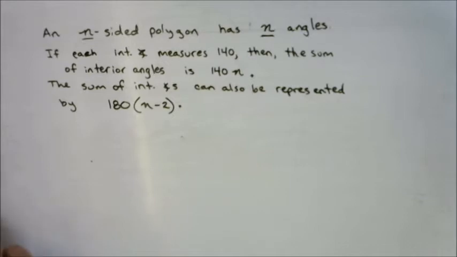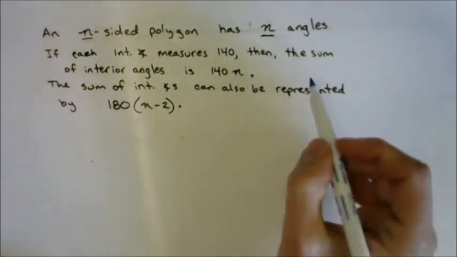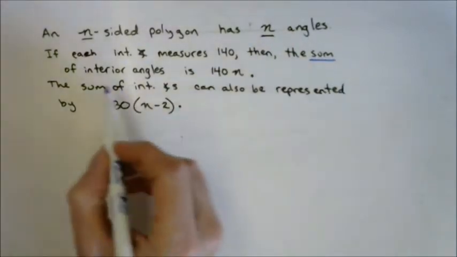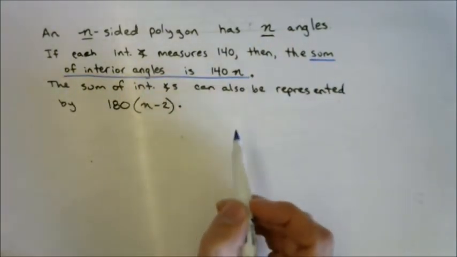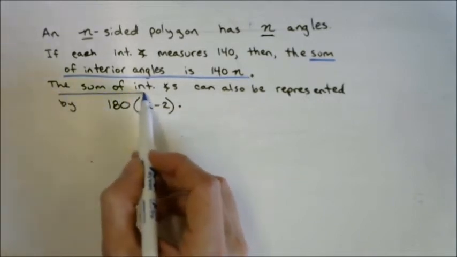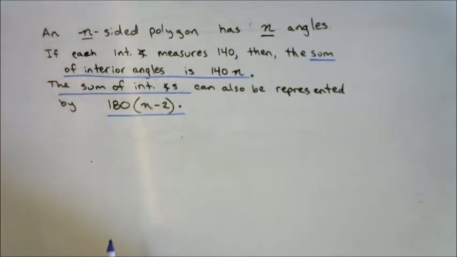What does that tell us? We have the sum of interior angles is 140n, and we have the sum of interior angles is 180 times n minus 2.